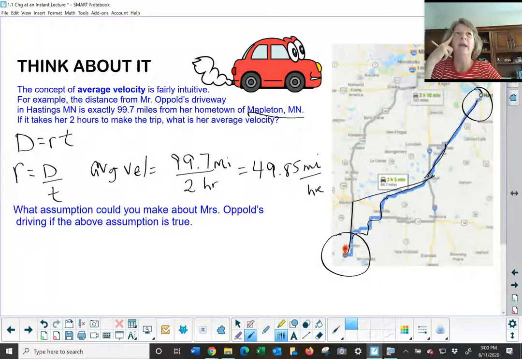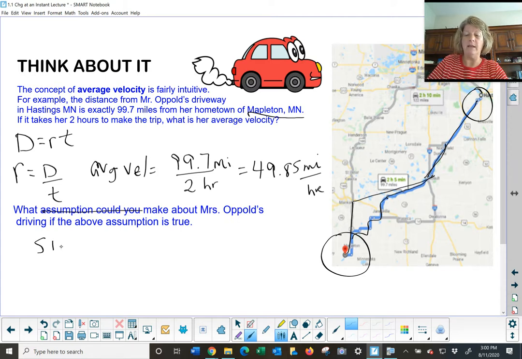So, question. That we said is an average velocity. Am I always going 49.85 miles per hour? Or maybe sometimes I'm going 55 miles an hour, and then sometimes I'm going maybe 30 miles an hour. What assumptions could you make about my driving? Well, looking at the map here, I see that there are some small towns that I pass through.